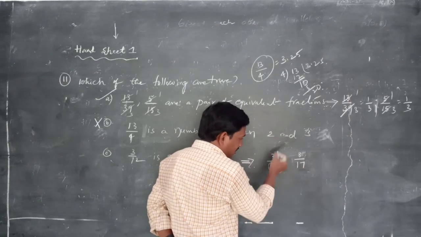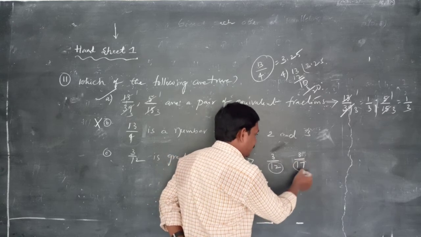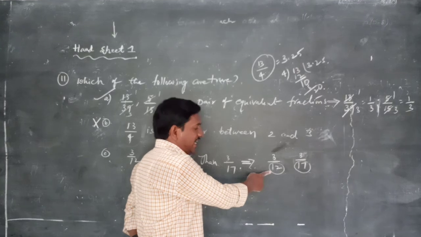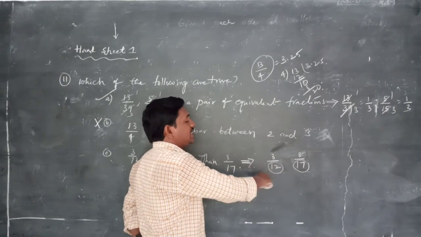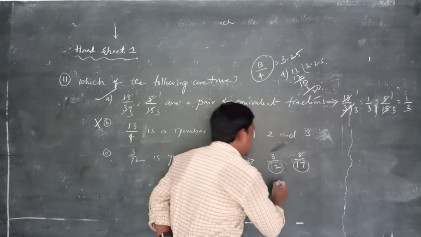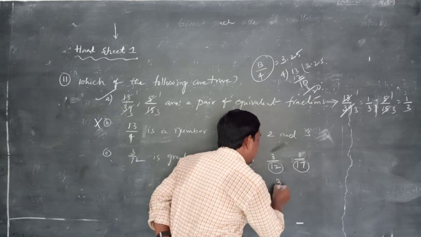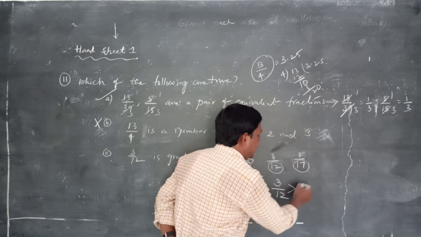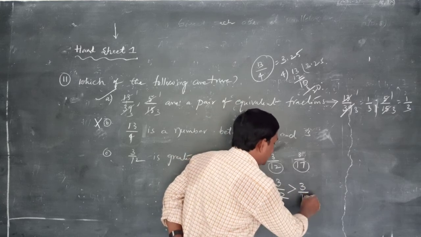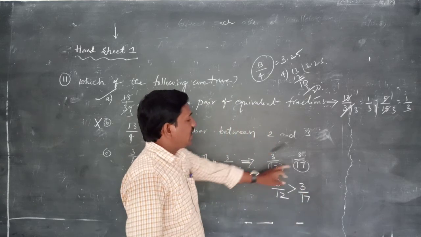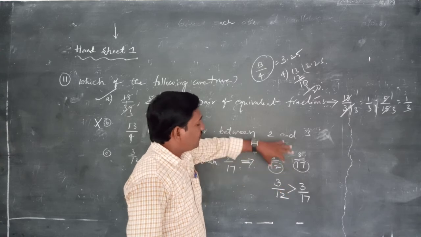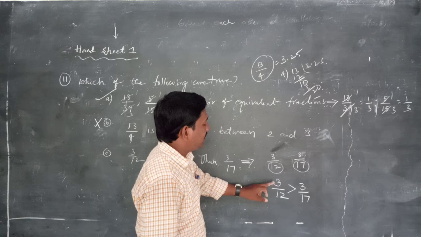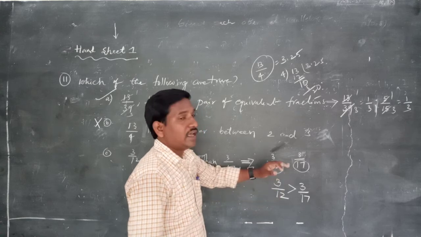Here 12 is less than 7. We know that 12 is less than 7, but we have to take which fraction has less denominator, that is the greater fraction than the other.